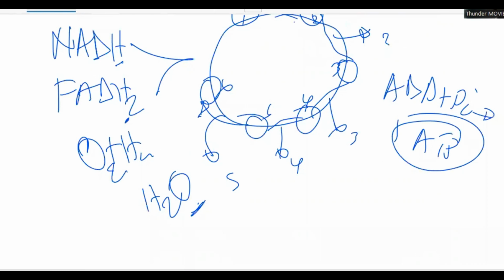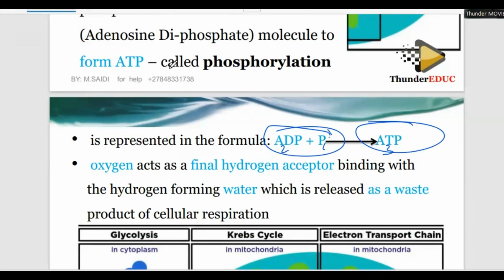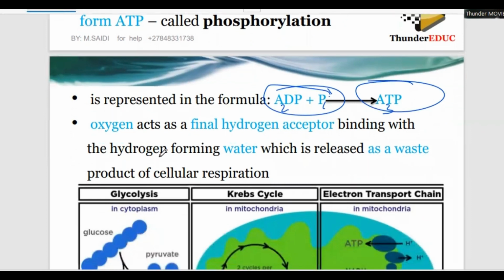That oxygen becomes the last hydrogen acceptor, which combines with the hydrogen ions or atoms, and then you form water molecules. It doesn't just take place the way we write it. It's a little bit complex, but we just summarize it so that you can understand what is behind the scene.